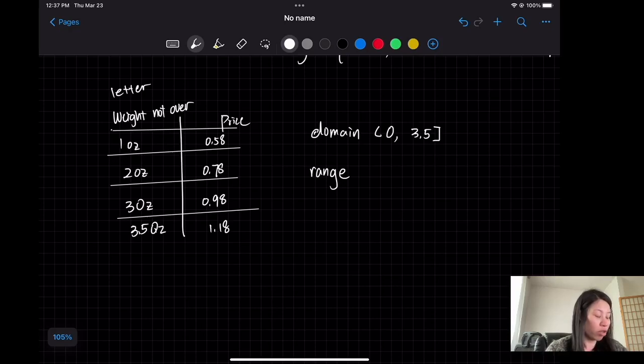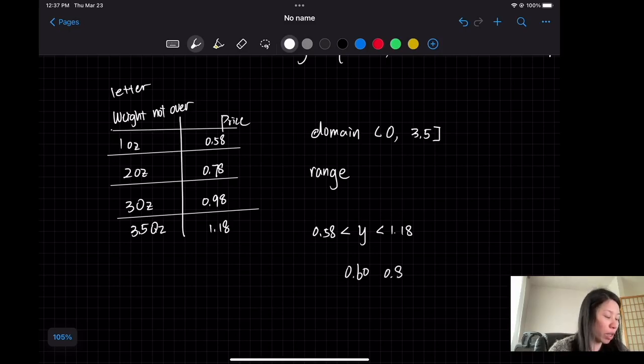If the range were everything in between, y could be any number between 58 cents and $1.18. That means y could be 60 cents, y could be 81 cents. But that's not the case, because they don't charge you for the numbers in between.